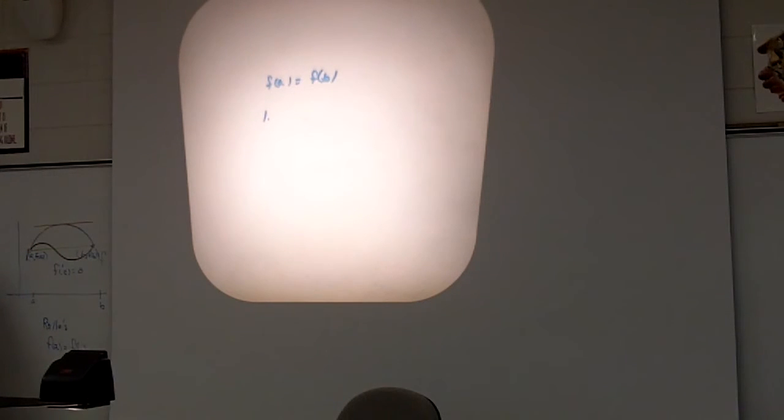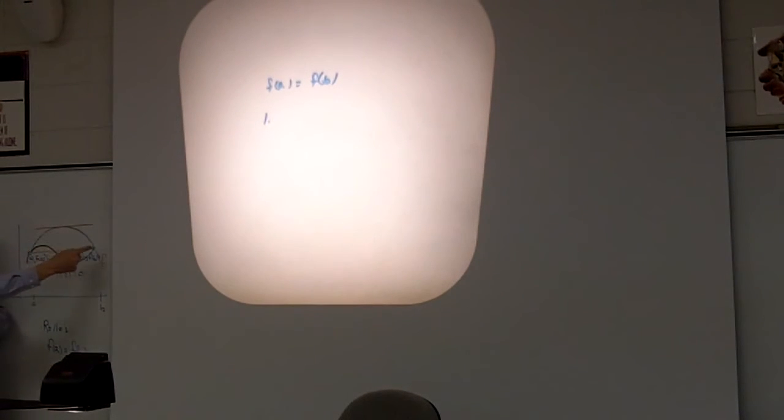Differentiable all over? No problem. And now, it says there's going to be a max and a min in this interval. Here's a max, here's a min. And if you have a max or a min, you have f prime equal to 0. Questions?